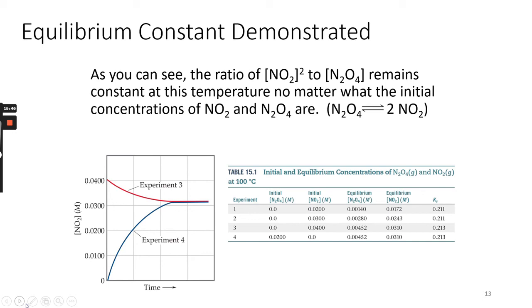So let's look at our equilibrium constant. Here we have 4 experiments that we did with different starting initial concentrations of reactants and products. We get our equilibrium concentration, and then we calculate our equilibrium constant. If you notice, the equilibrium constant does not change significantly. And these are all at constant temperature.